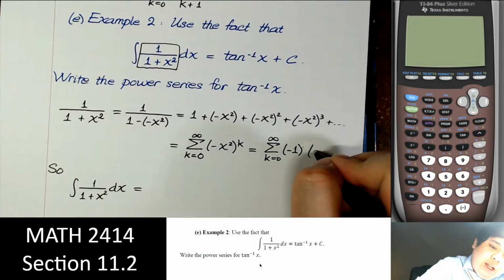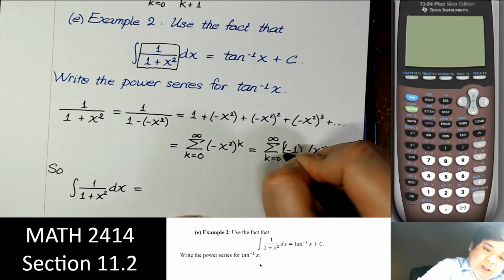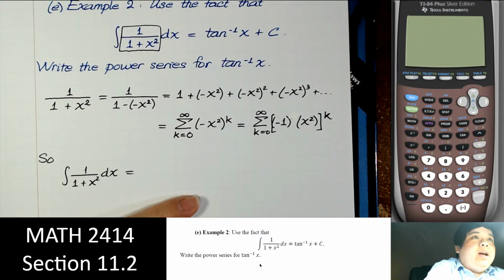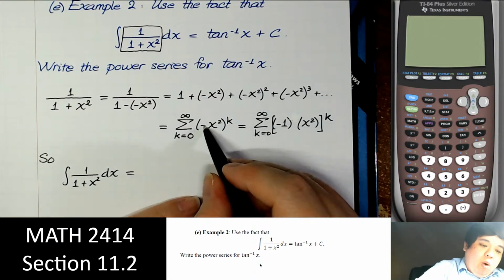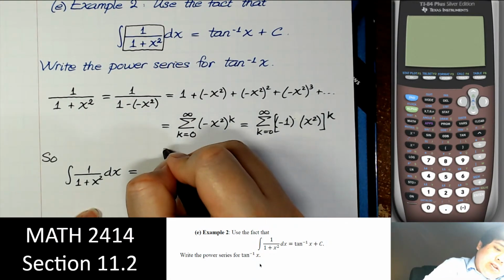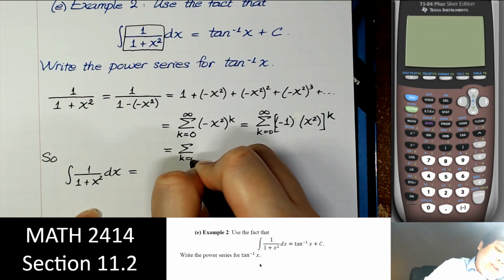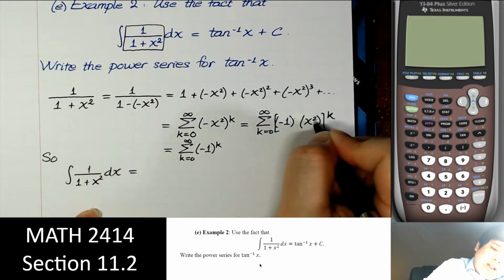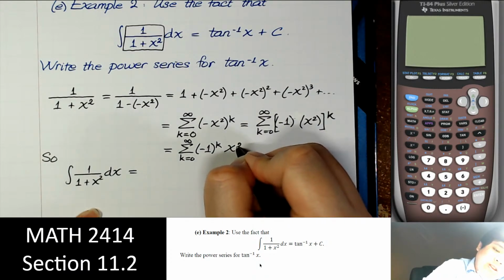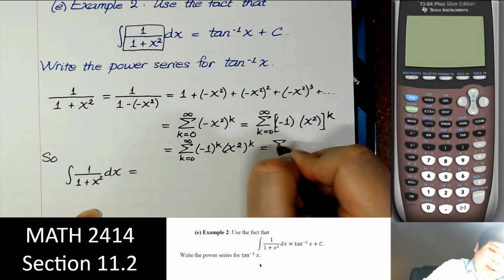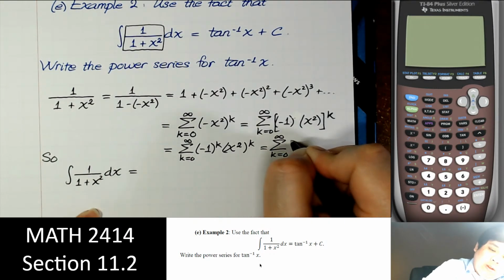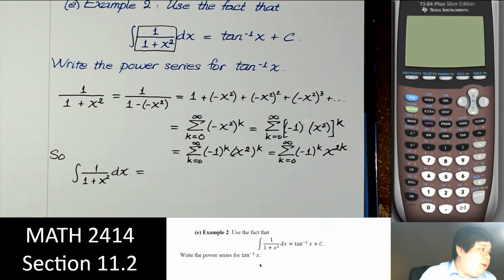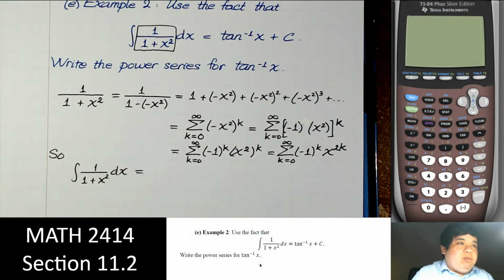Negative 1 times x squared, and then negative 1 to the k power, and then x squared to the k power, which is x to the 2k. That is better, just to keep that.